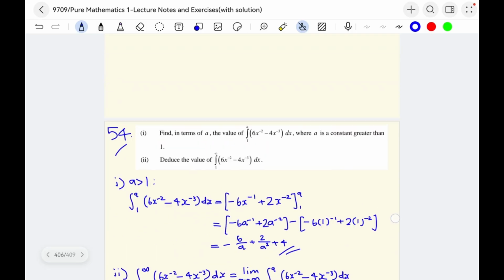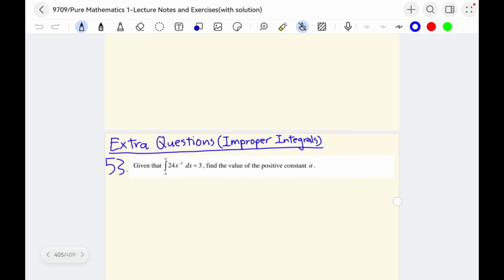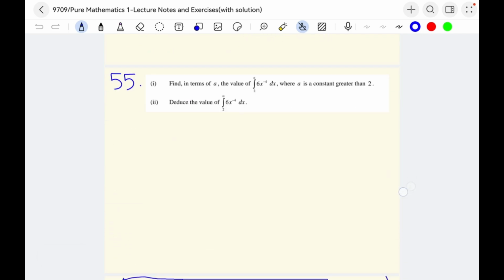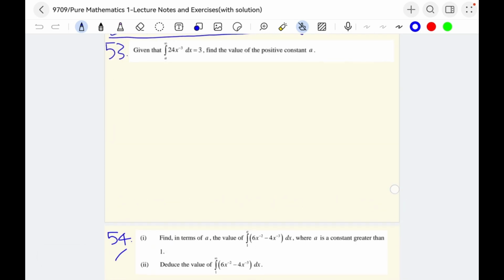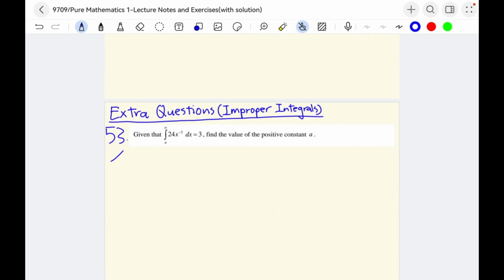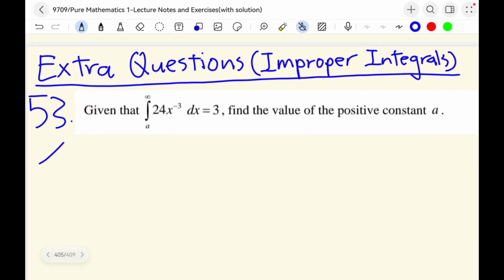One more question. Let's try to solve question 53. Given an equation for an improper integral, let's solve it.